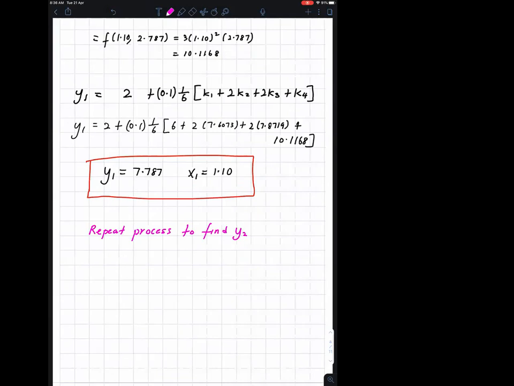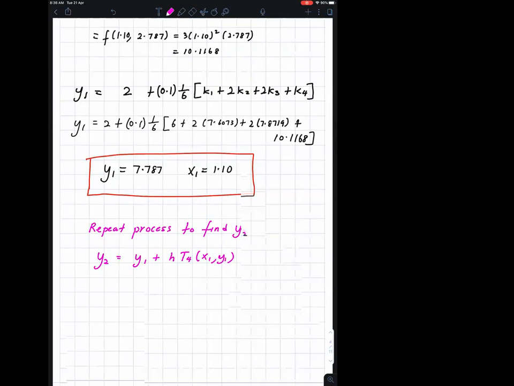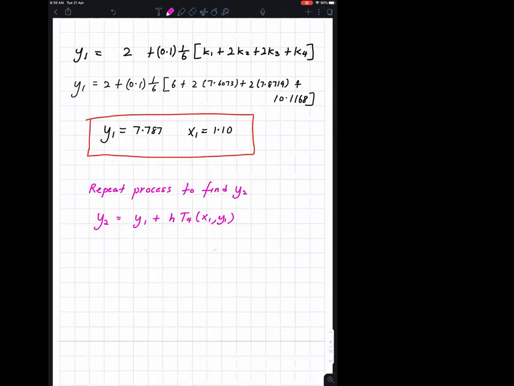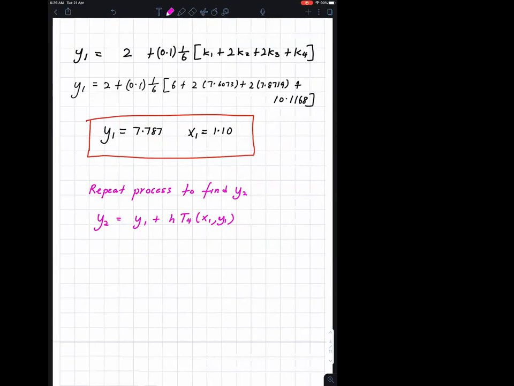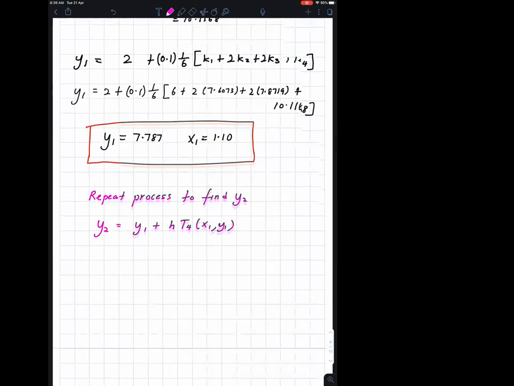So to find y2, the equation becomes y2 is y1 plus h times the slope at (x1, y1), where K1 I know, and y1 will be 2.78. Okay, 2.78, thank you very much.